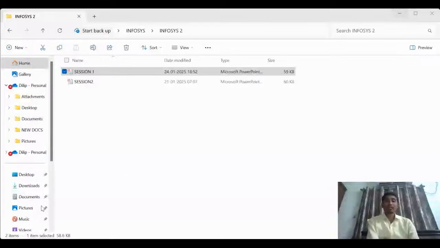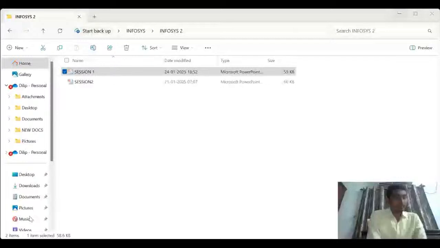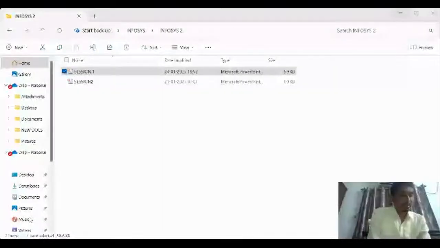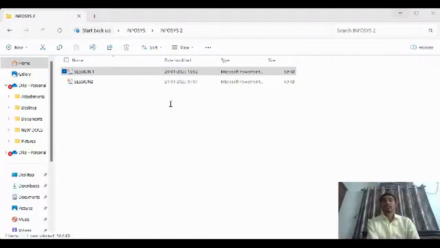Next question is arranging the sentences in the correct order. So here there are four options, A, B, C, and D.